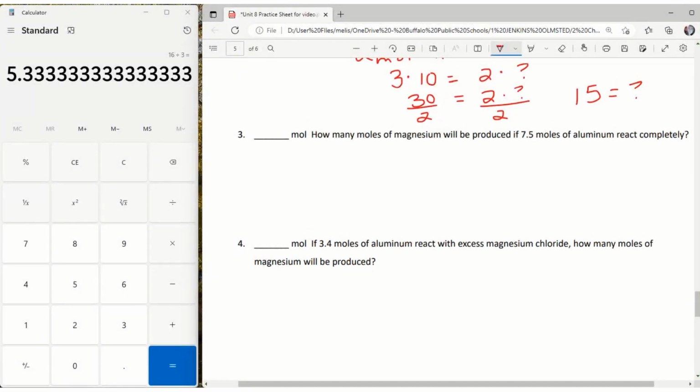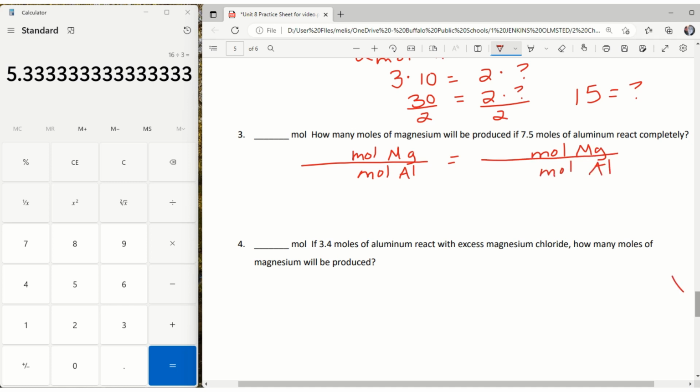How many moles of magnesium will be produced if 7.5 moles of aluminum react completely? So what do I have mentioned? Moles of magnesium and moles of aluminum. So I'm going to have on both sides moles of magnesium, moles of aluminum.